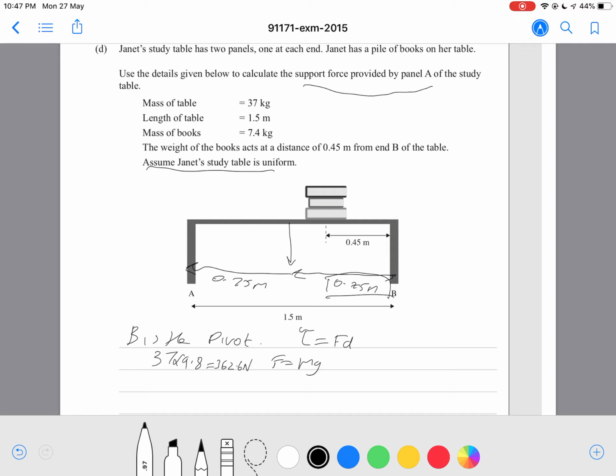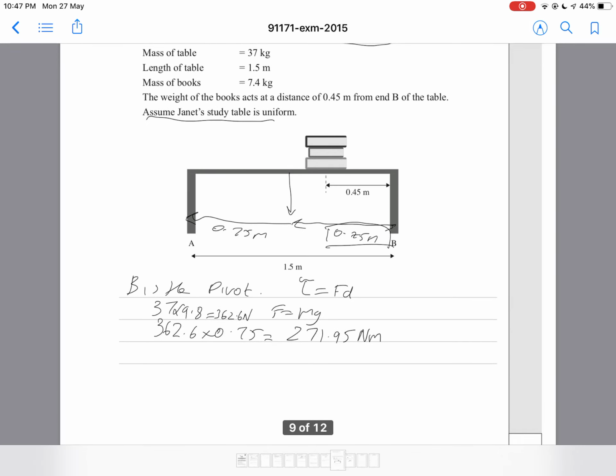So torque equals FD, so 362.6 times 0.75 equals 271.95 Newton meters. So that's the torque of the table.